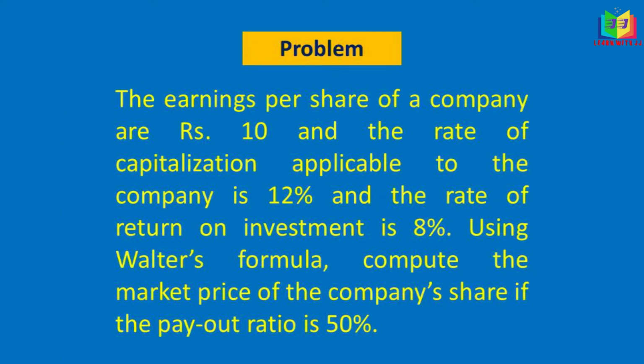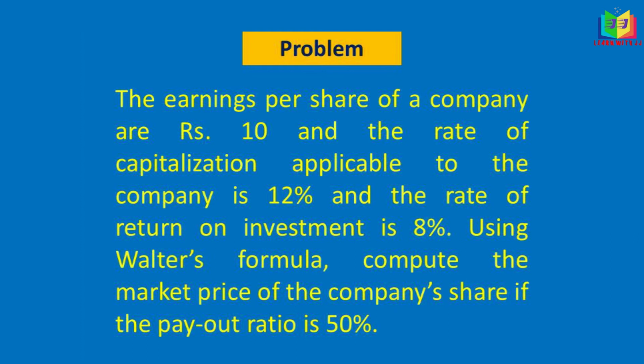Okay, now we'll see the problem. The earnings per share of a company are rupees 10 and the rate of capitalization applicable to the company is 12% and the rate of return on investment is 8%. Using Walter's formula, compute the market price of the company's share if the payout ratio is 50%.